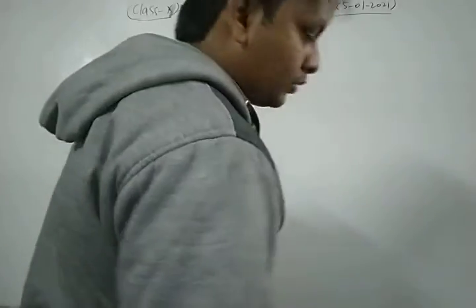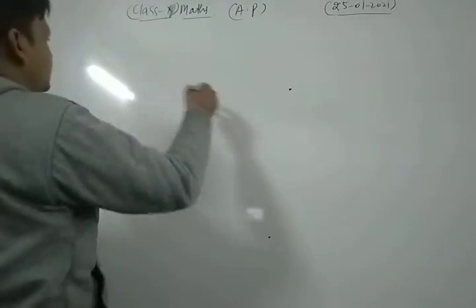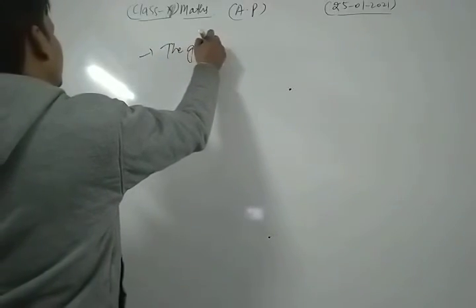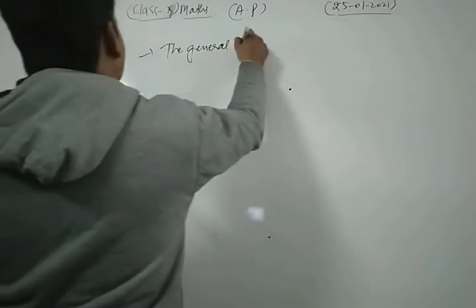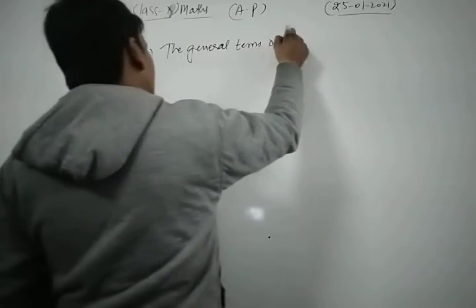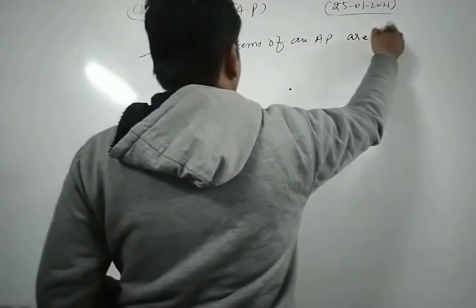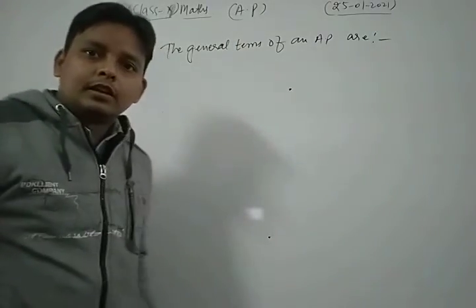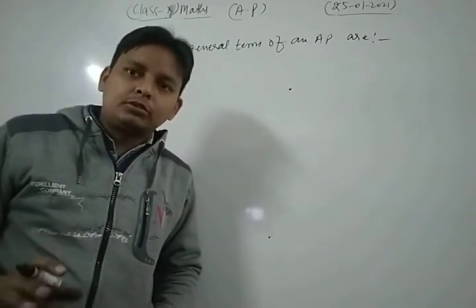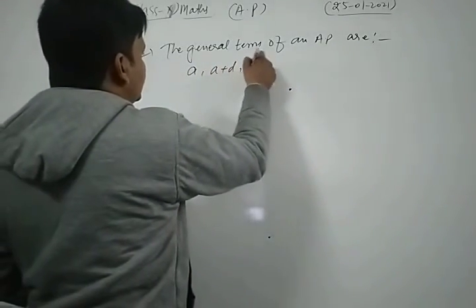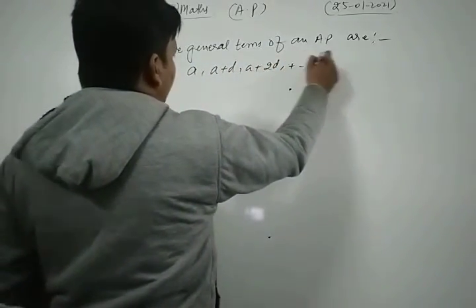The general term of an AP is A, A plus D, A plus 2D, and so on.